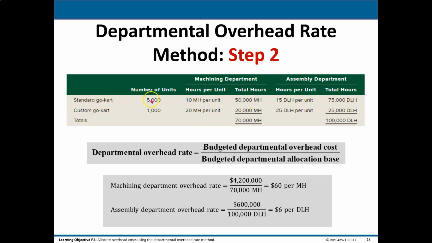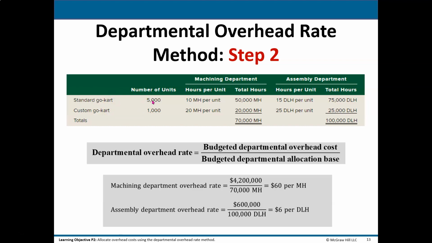Remember, we're going to make 5,000 standard go-karts and 1,000 custom go-karts. Since machine hours are the allocation base, we need to figure out how many machine hours are we going to incur in the making of these two products, the standard go-kart and the custom go-kart.